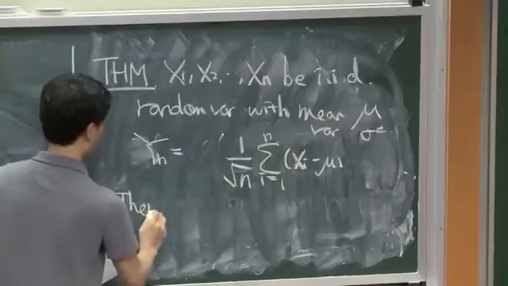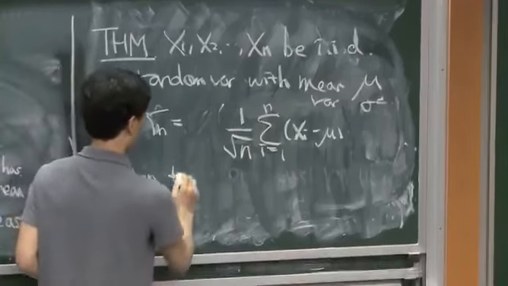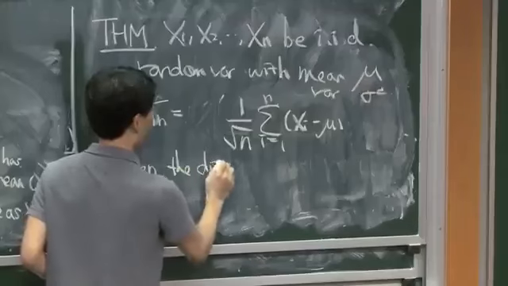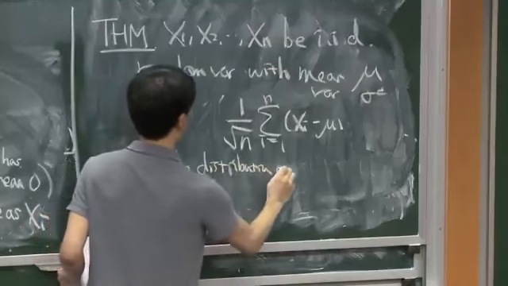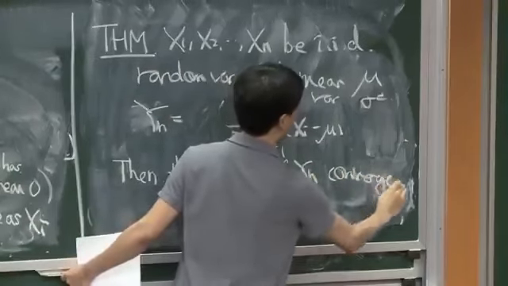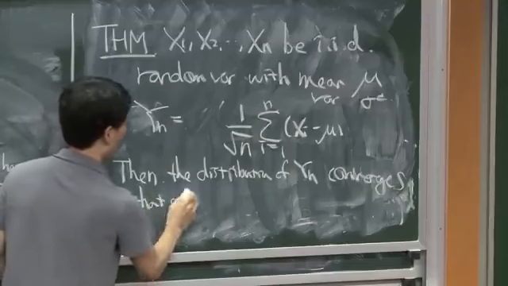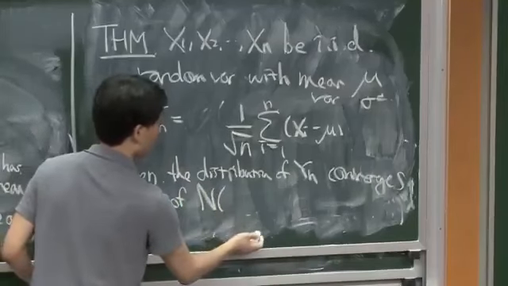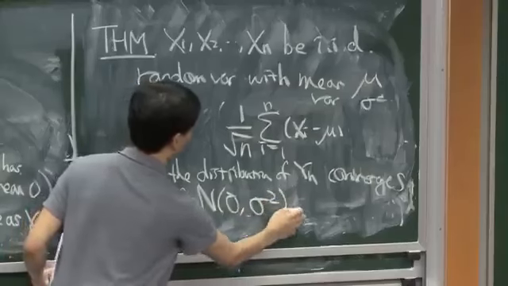Then the distribution of yn converges to that of normal distribution with mean 0 and variance sigma squared.